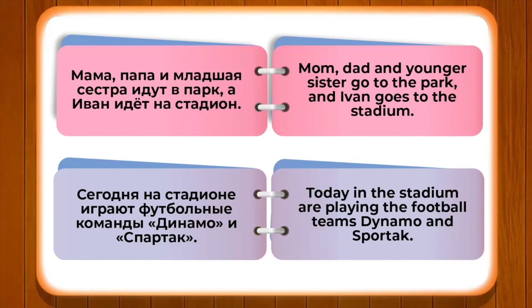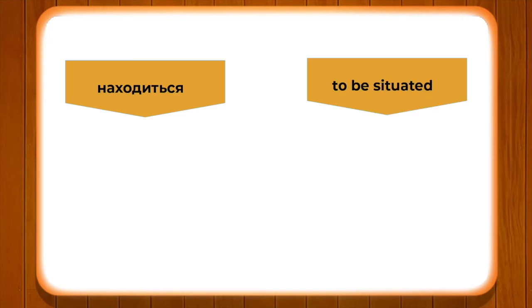Now we will pay attention to some of the words, verbs and word combination and expressions. Like находиться. This we already know means to be situated. Где находится ваш дом? Мой дом находится в Дели. В Дели.